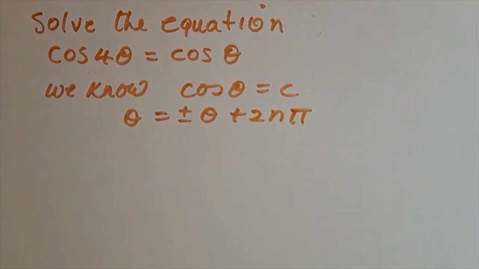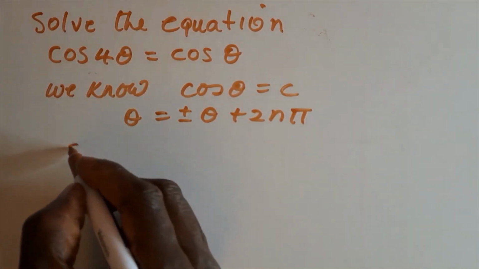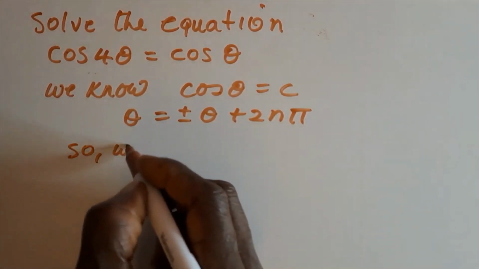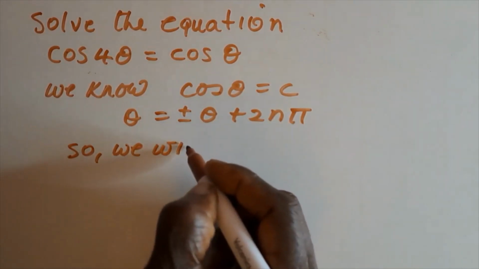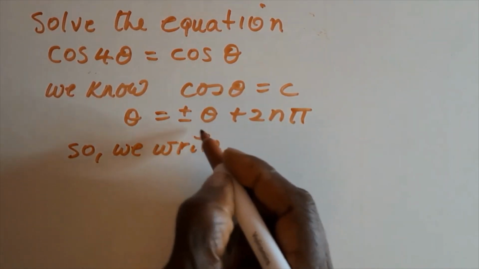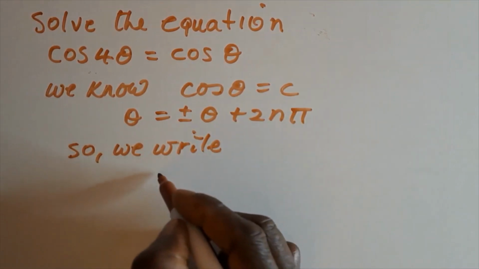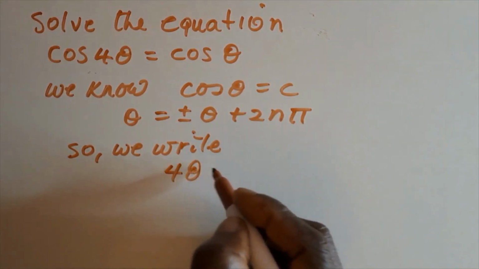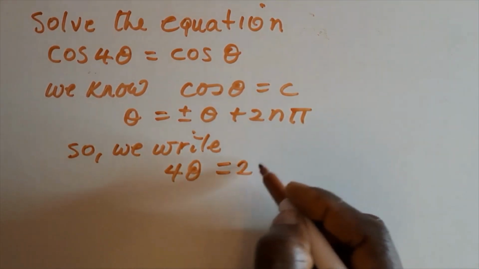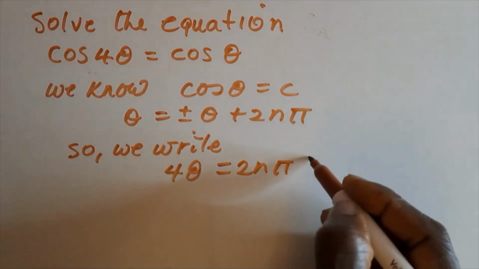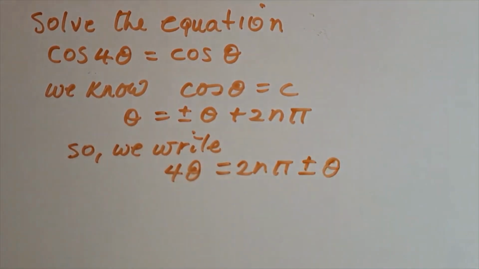This is the formula we derived if you look at my previous videos. Instead of the principal value, we use theta. So we can write that 4 theta is equal to 2n pi plus or minus theta.